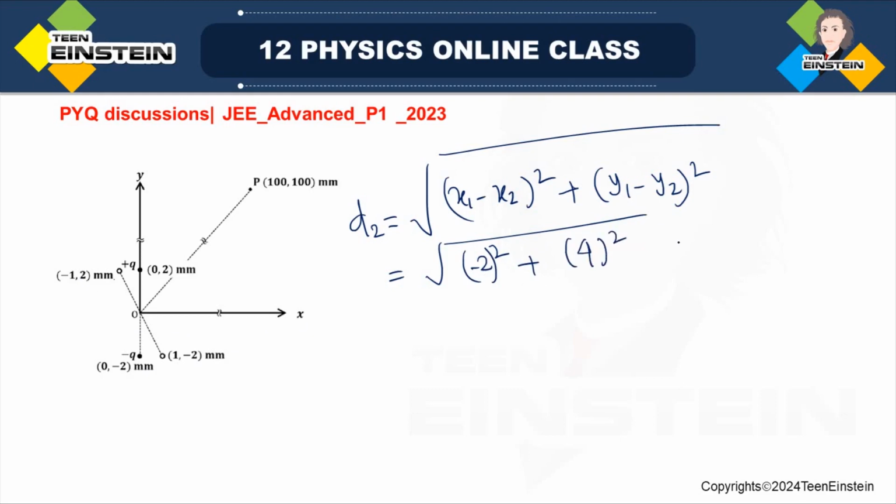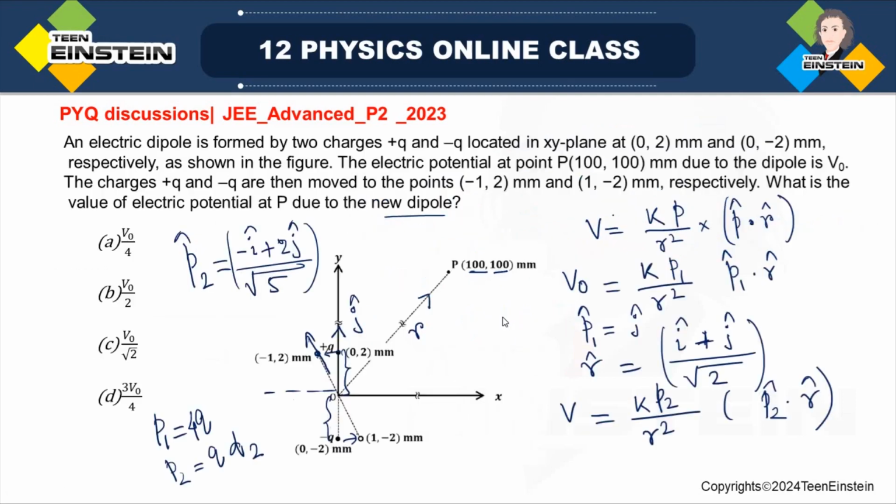So this is actually the square root of 20, which is 2 root 5. So the value of this P2 will be Q into 2 root 5. So this is P2. Alright, now I can go for this calculation.